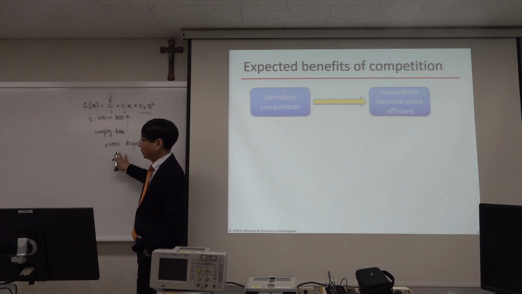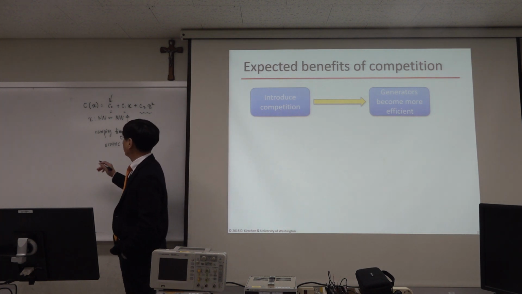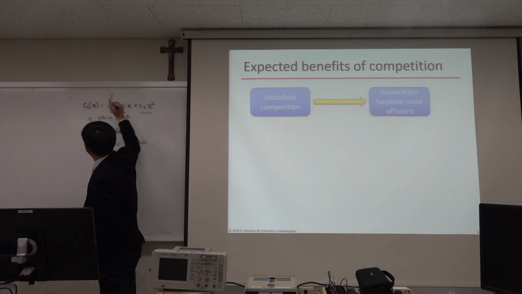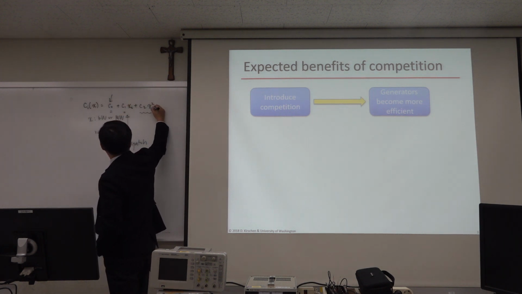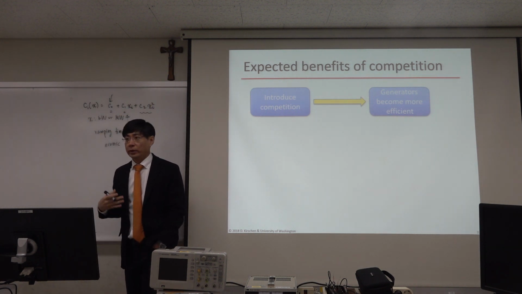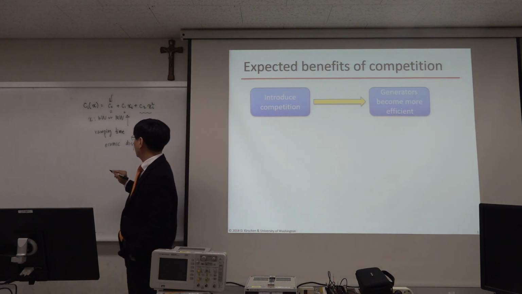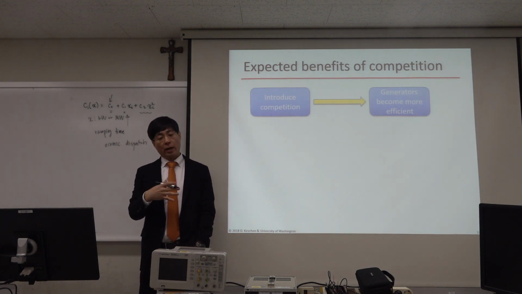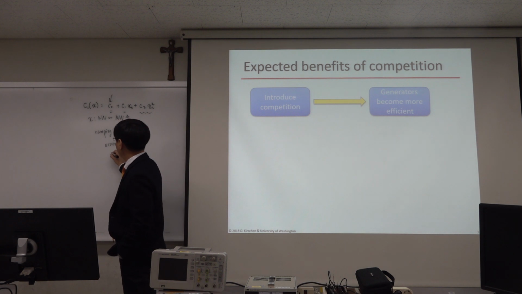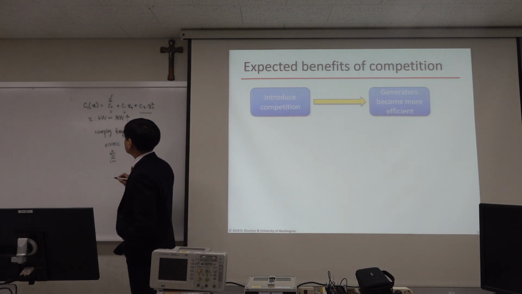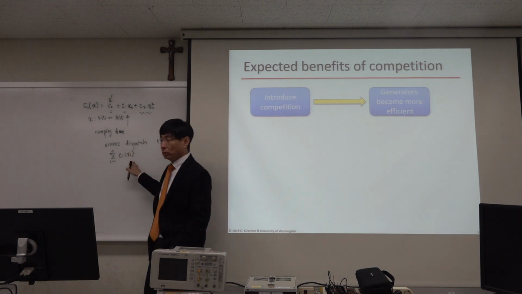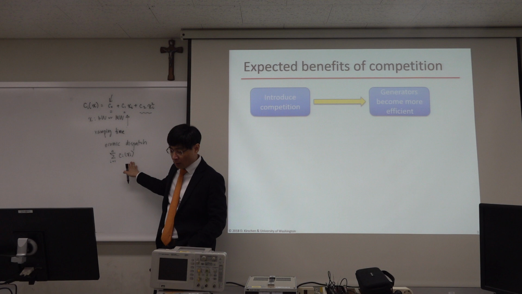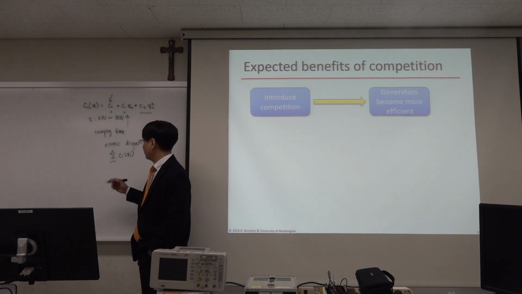So this is the problem where we have different types of generators, and i is the generator index. What we want to do is, when we have n generators, summation from i equals 1 to n, this is the total cost of generating power.